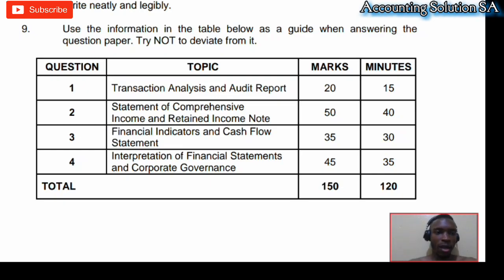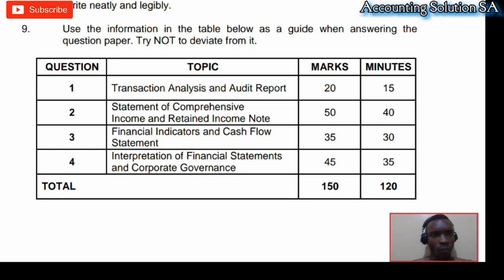Never. It will never happen. So the marks allocation, this is how you should study. Where there is a higher marks allocation, you have to master that topic in and out, because they are not going to change the structure of how the mark allocation will look.